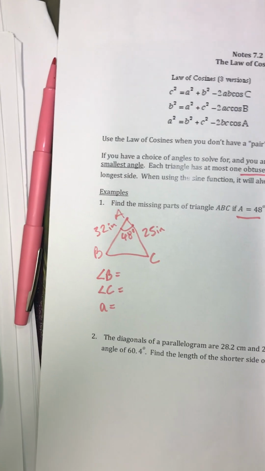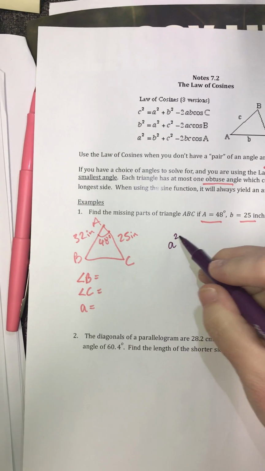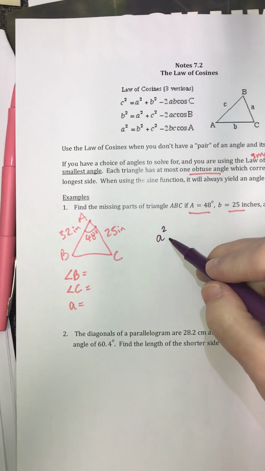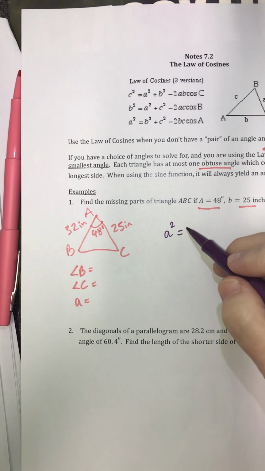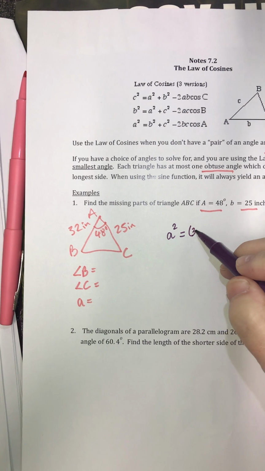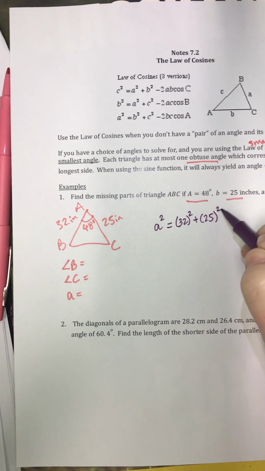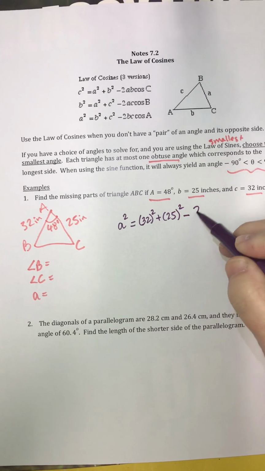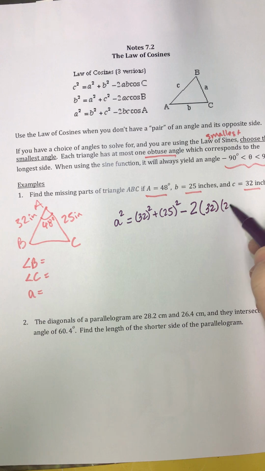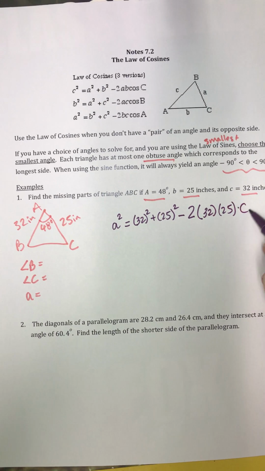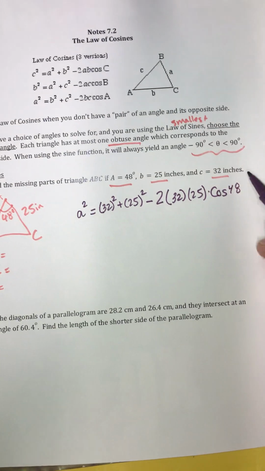So here we go. Little a is what I'm trying to find. And I know angle A, so a squared equals b squared plus c squared, and then I'm taking away 2 times the 32 times the 25 times the cosine of big A, which happens to be 48 degrees.